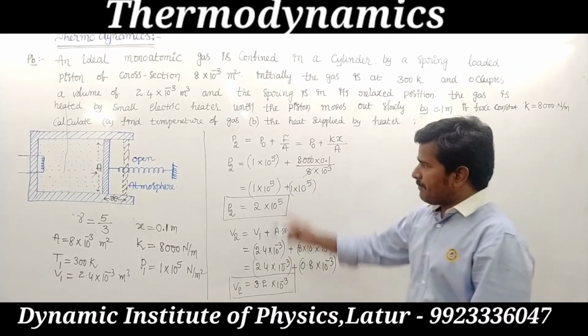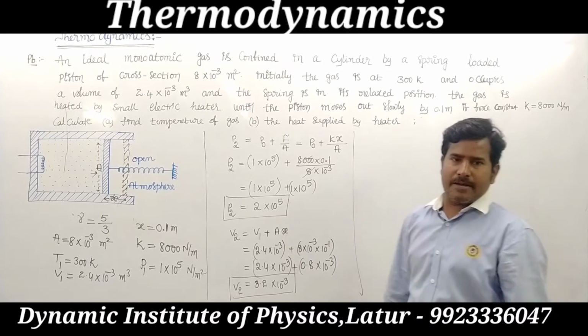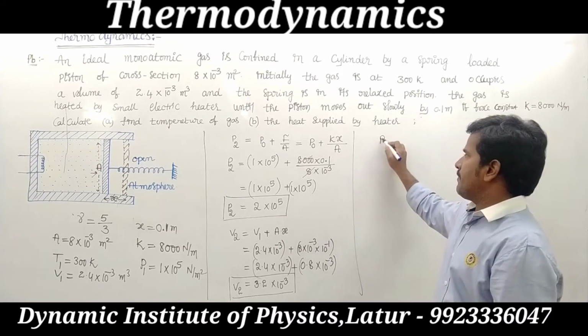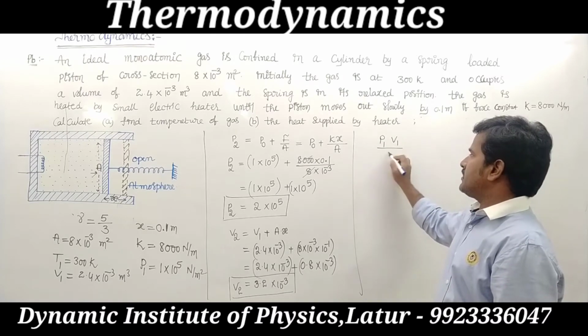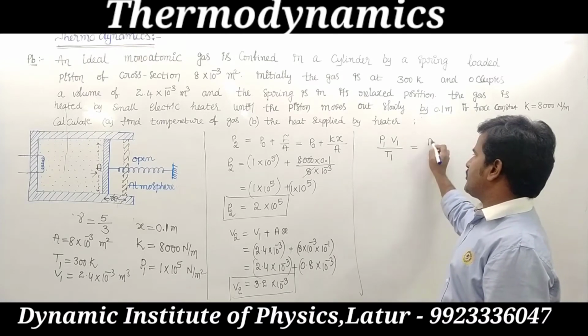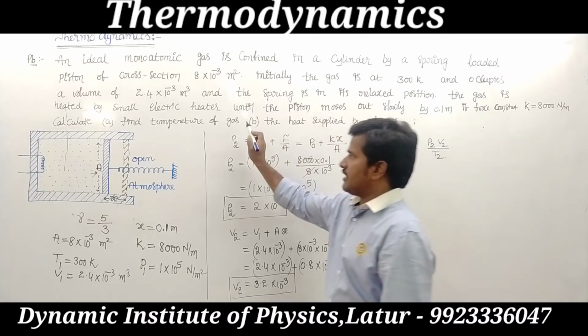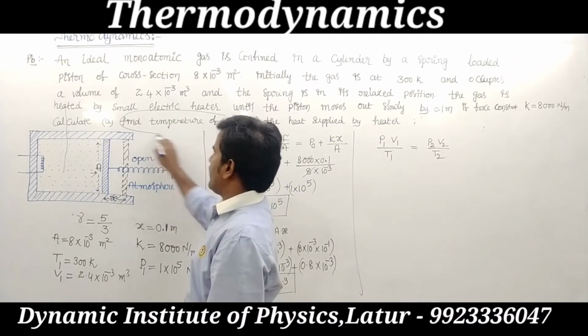You know P2, the final pressure, and V2, the final volume. Then we want the temperature of the gas. Using the ideal gas equation, P1 V1 upon T1 equals P2 V2 upon T2. We want the temperature of the gas.